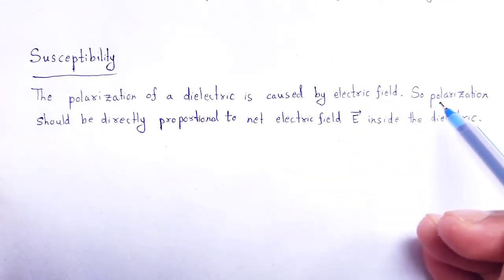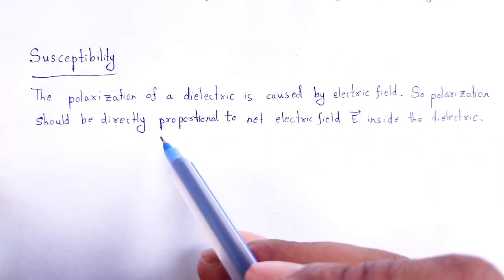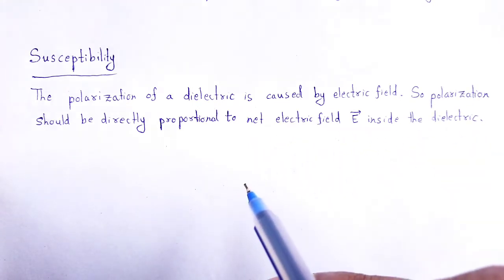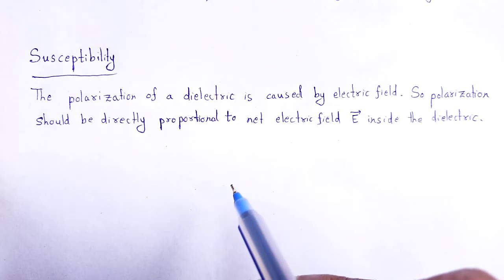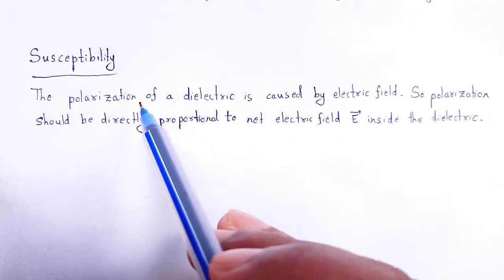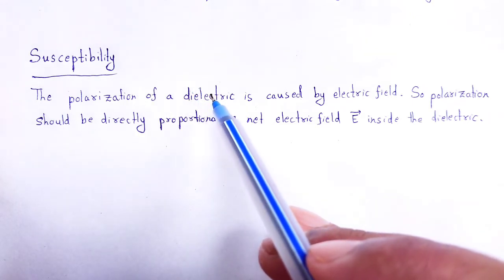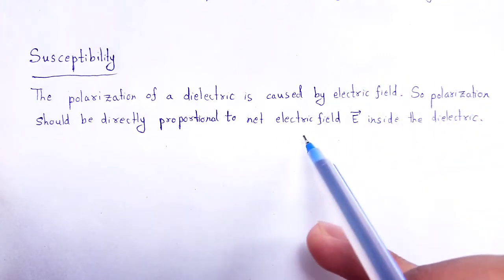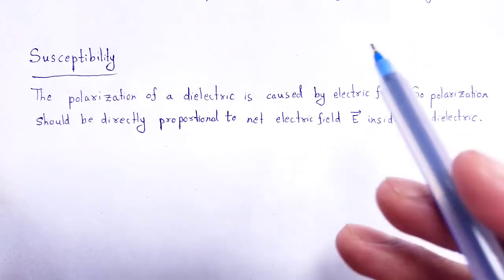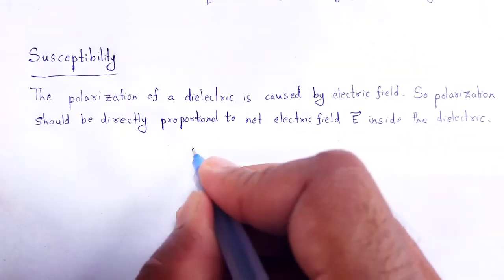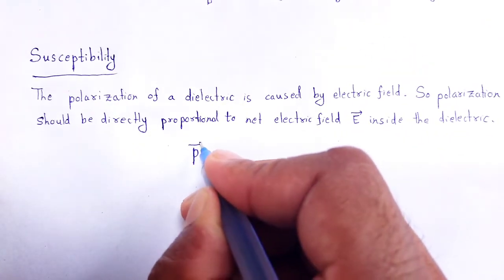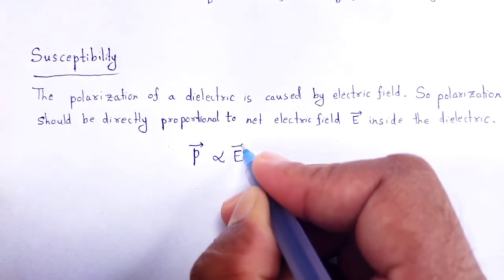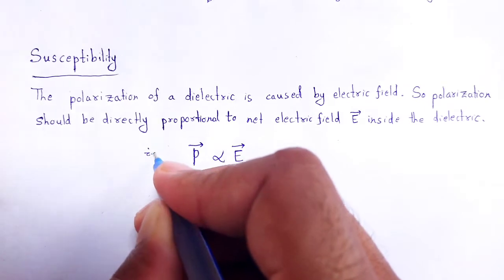Therefore, polarization depends upon the net electric field inside the dielectric. Polarization vector is directly proportional to the net electric field inside the dielectric.